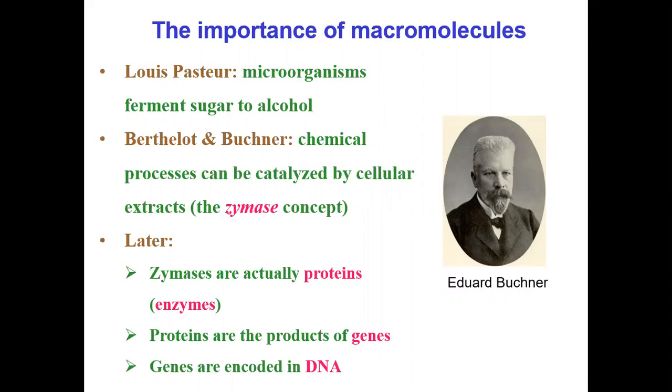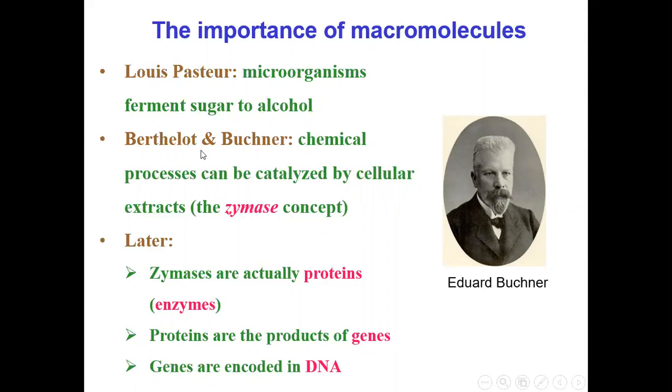So what these studies did is to take known processes such as fermentation, which was known for thousands of years as the process that creates bread, wine, and beer, and showing that they're actually chemical reactions. In the case of fermentation, Louis Pasteur, who was one of the most prominent scientists in the 19th century, showed that fermentation is a chemical reaction converting sugar into alcohol and carbon dioxide.